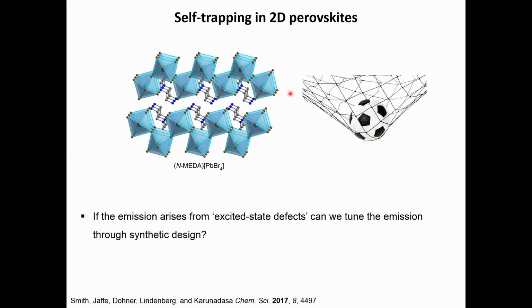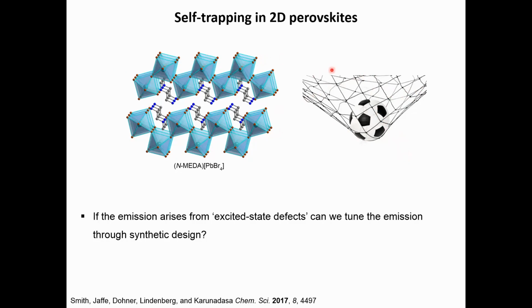So going back to my soccer ball analogy, I have no idea what this distortion in the net looks like. And I have no clue how to change this. But I could argue that I know what the net looks like, because that is my crystal structure.